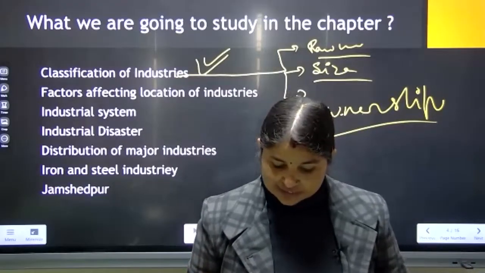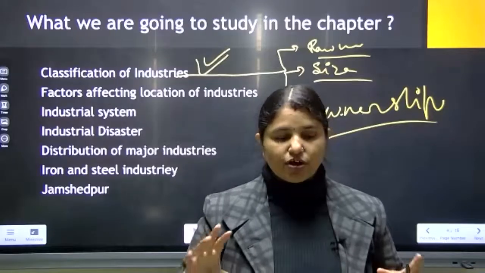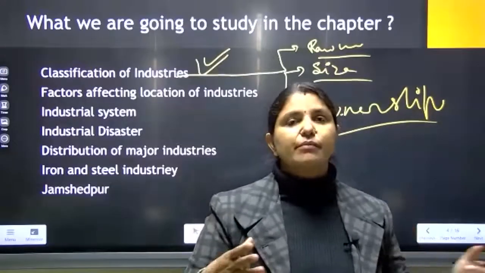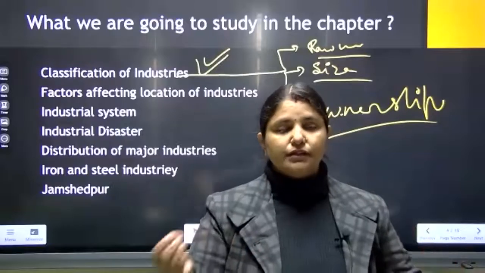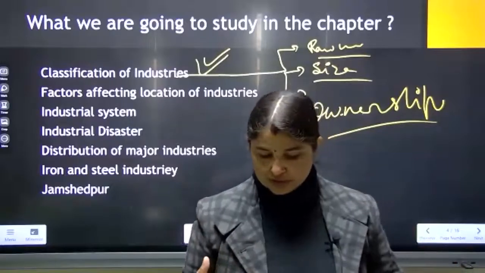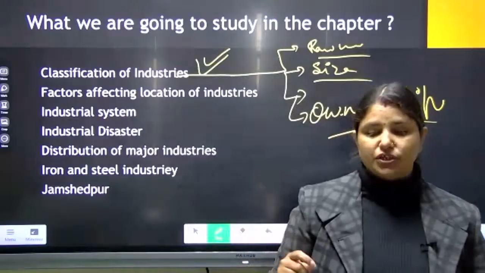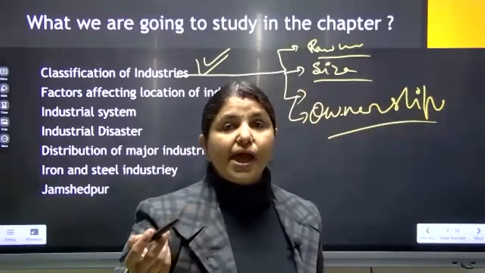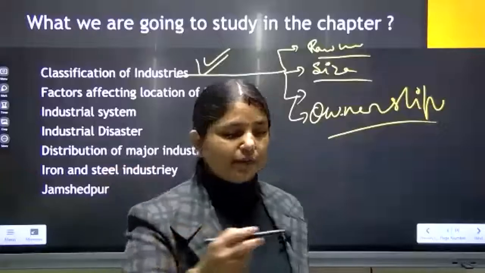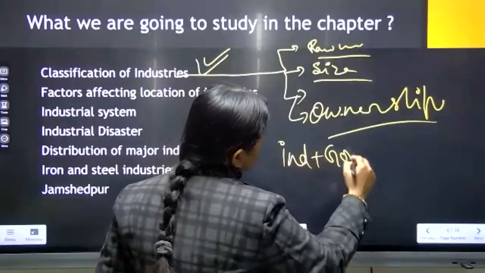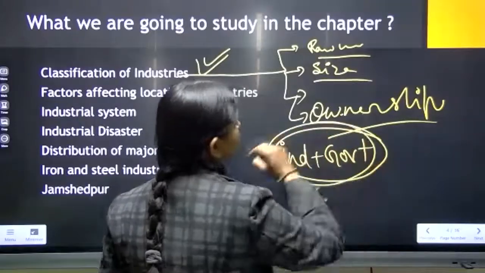Then next is the public sector or state industry, where our government makes the industry for the people, and the work goes on over there. Next we will see the joint sector industry. In that, Mahek along with the government, meaning any individual plus government, both together start the industry.